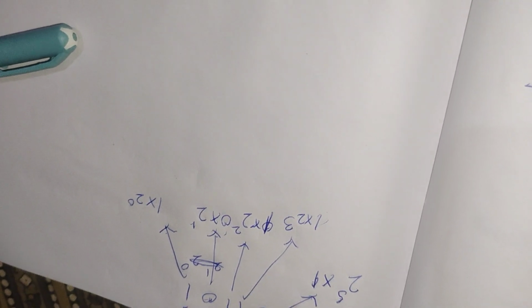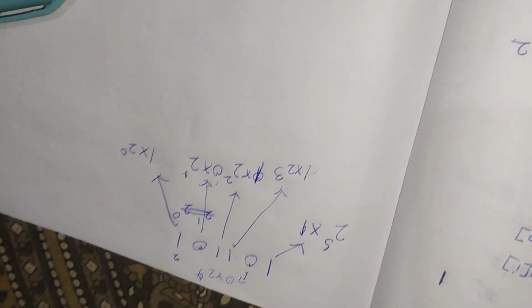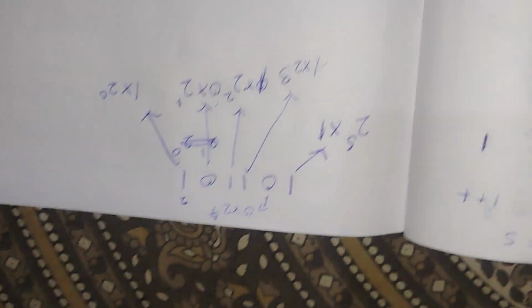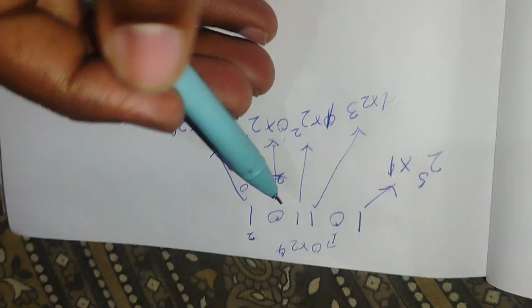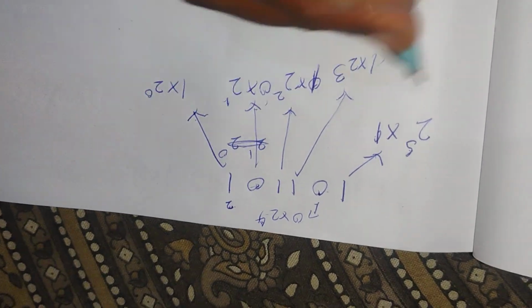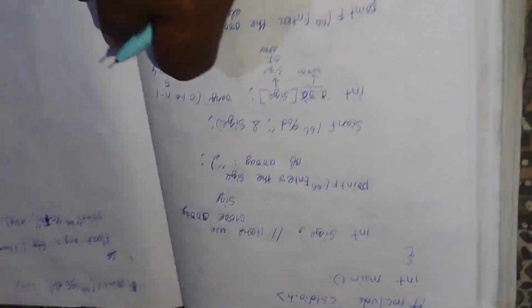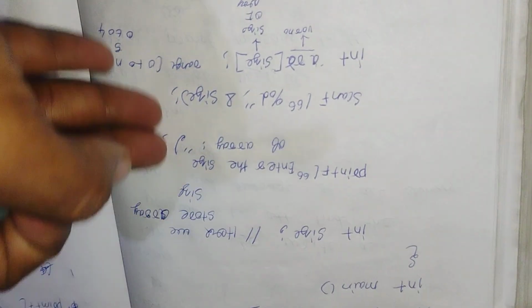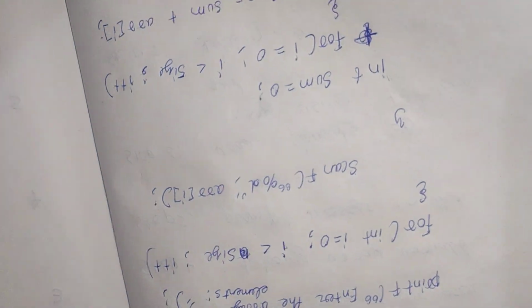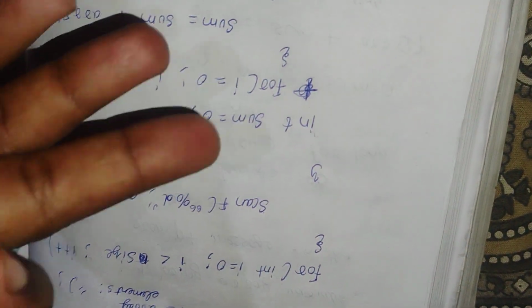So this is how we write the program, how we can convert the value. So how can we write a program for this? As before, the steps are the same up to this step. I'm going to teach you from this step only.